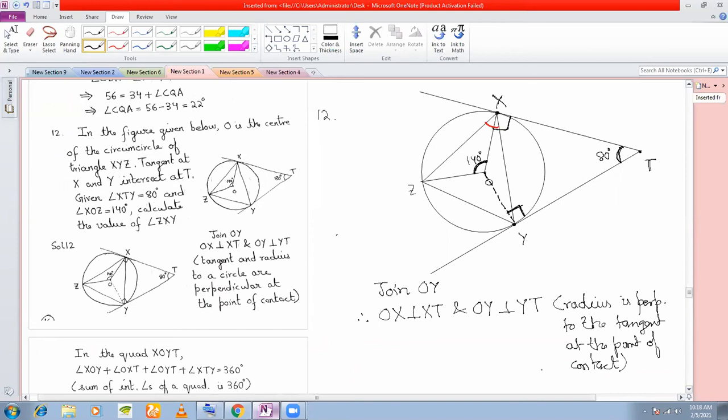Fine. So we have these two angles as 90 degrees.